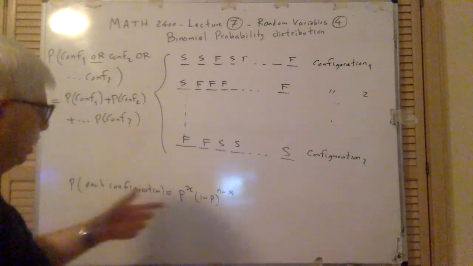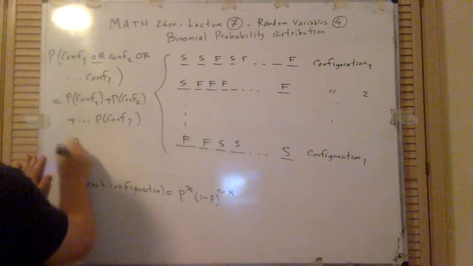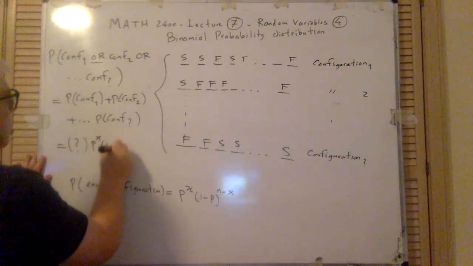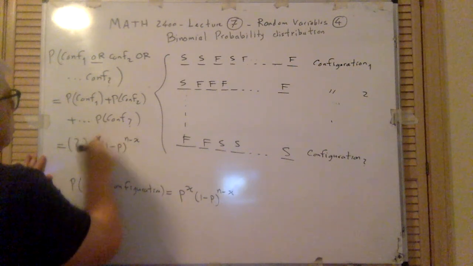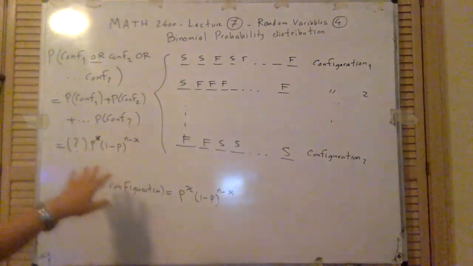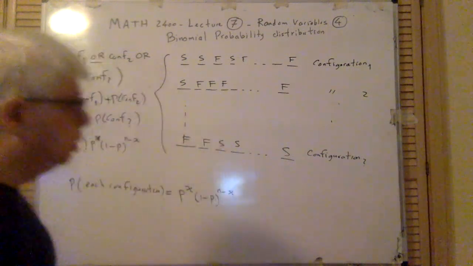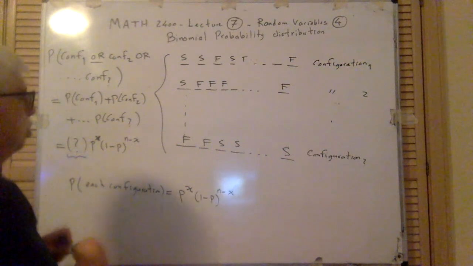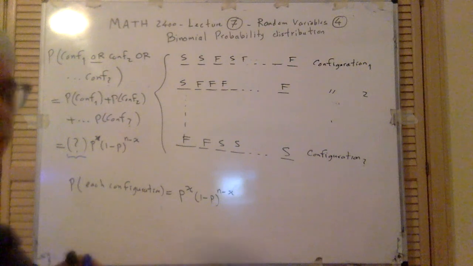Each one of them has this probability, so this is in fact that question mark, whatever that is, times p to power x times 1 minus p to power n minus x. So this comes down to finding this question mark, right?